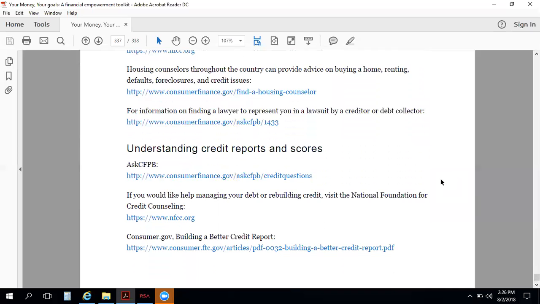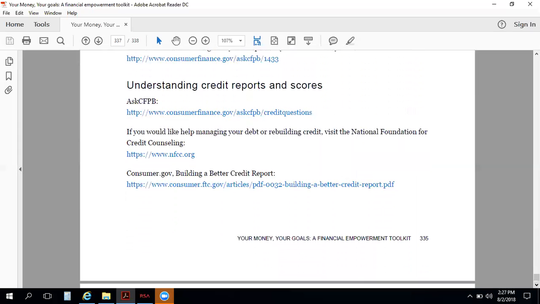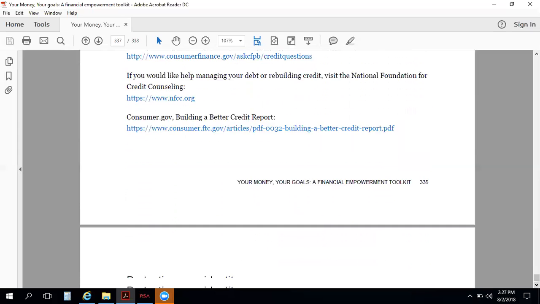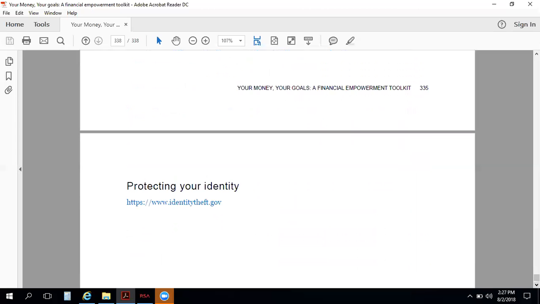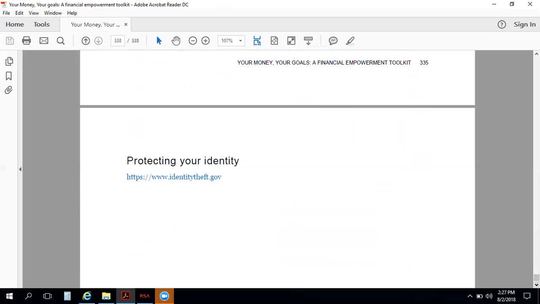There's also some information on lawyers who might be able to represent clients who get sued by a debt collector or creditor, and some resources on helping a client understand their credit reports and scores. So basically, there are additional resources at the end of the toolkit that would allow a client to get more information on some of the services out there to help them address every module in this toolkit.